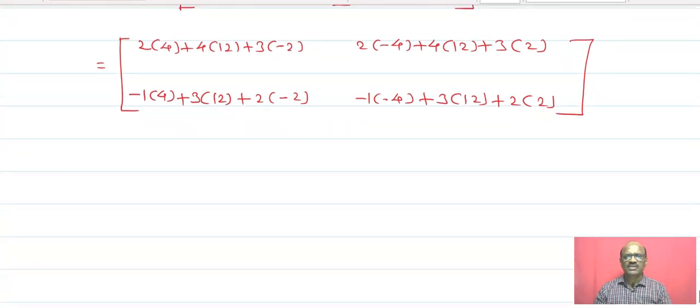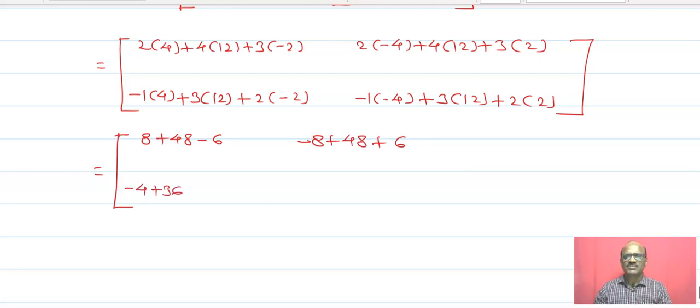Now carry out this multiplication. 8, 48 minus 6, next is minus 8 plus 48 plus 6, and minus 4 plus 36 minus 4, 4, 36 and 4.